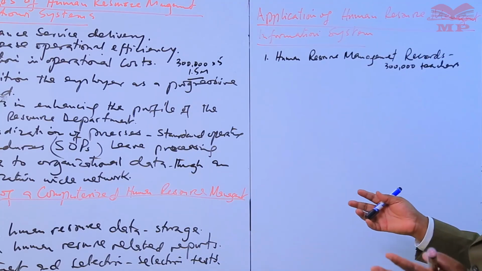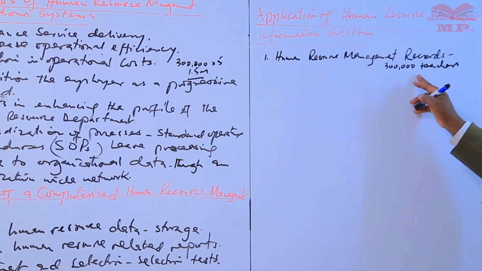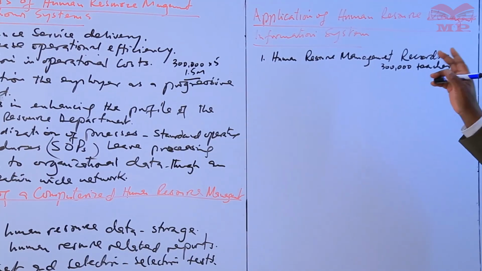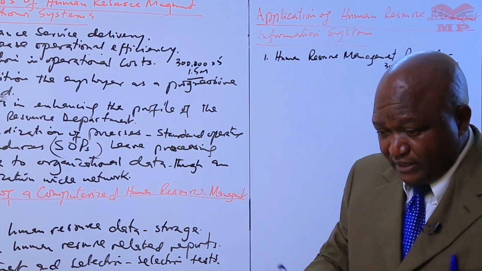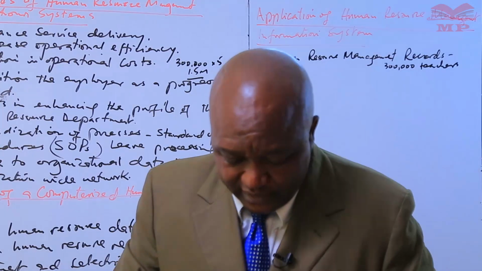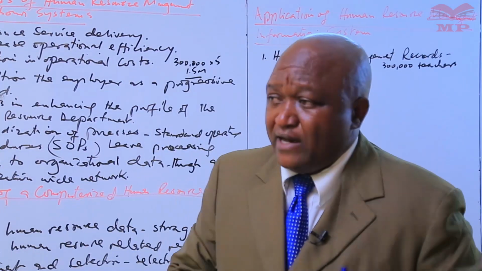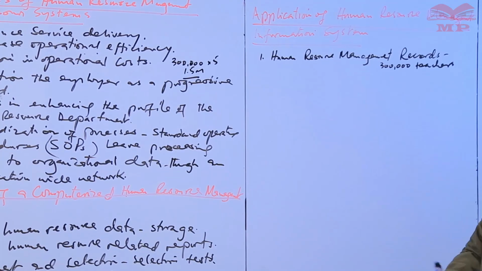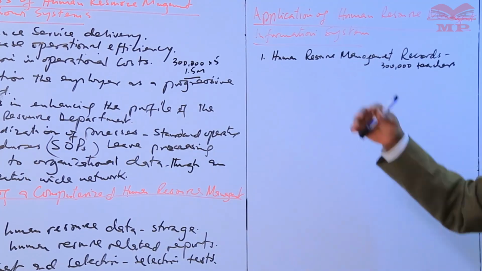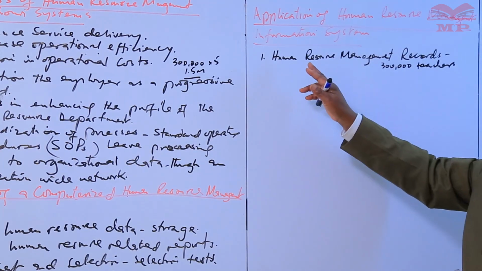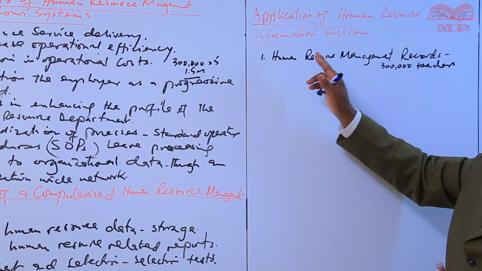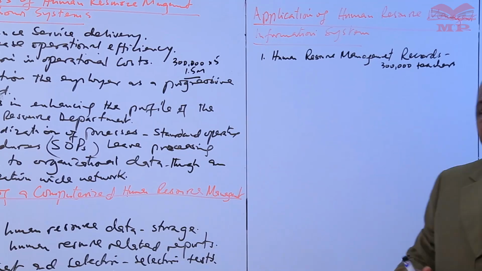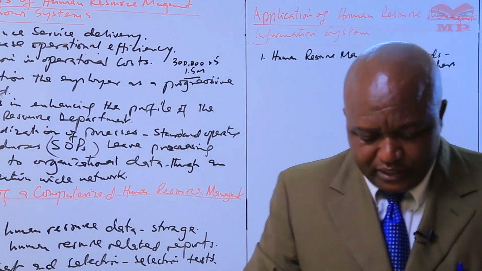If you have that kind of data, then with a human resource management information system, it can be integrated and create a database that holds all this number of teachers. You can sort them according to the counties, levels, and positions. So that's one area where you can apply the human resource management information system, to capture especially huge quantities of data.